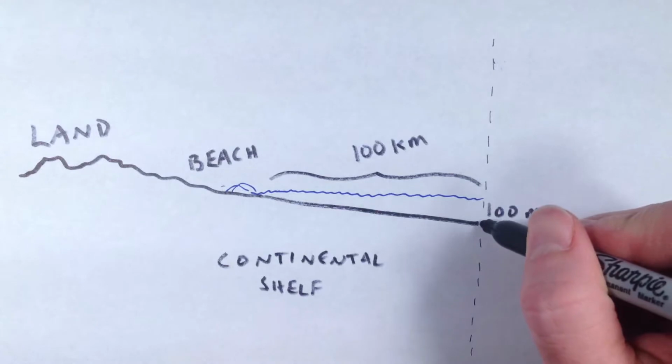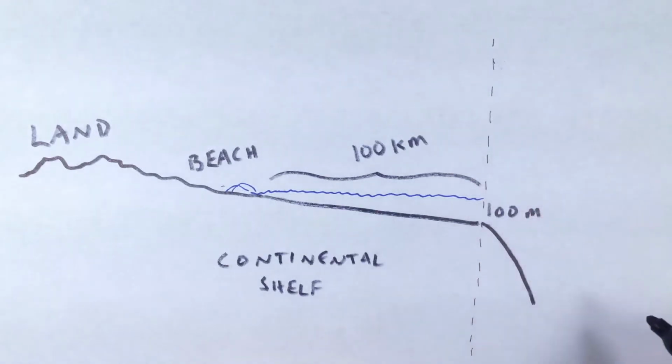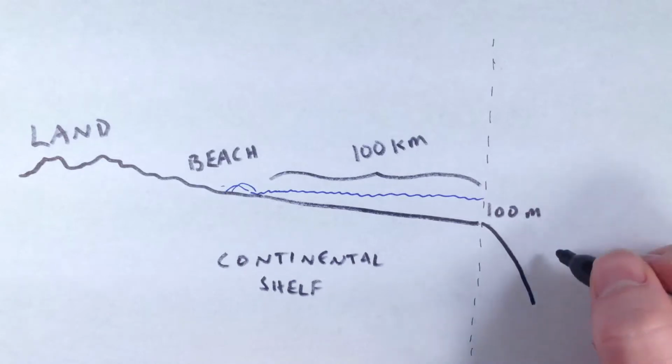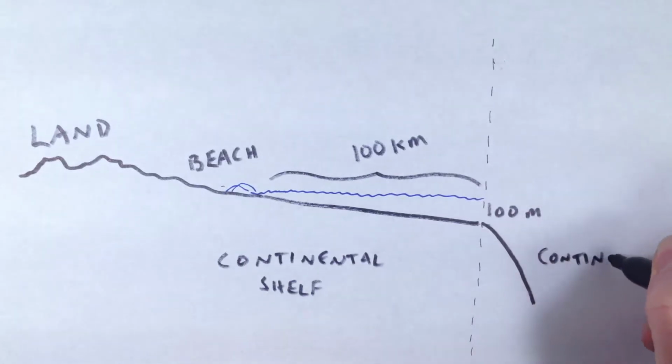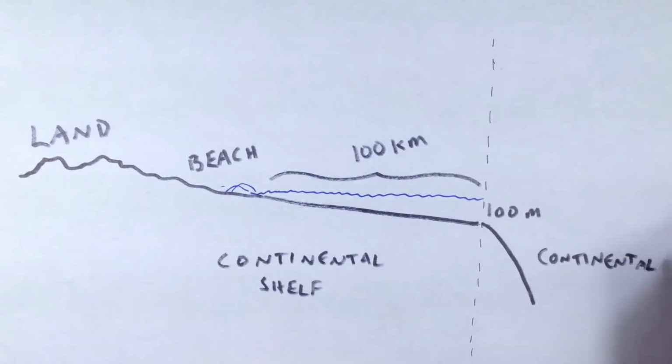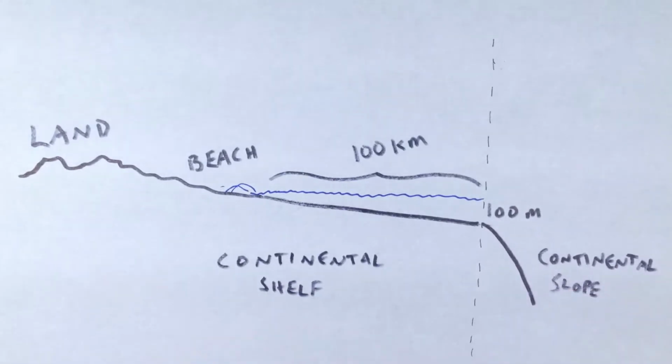So this is going to be a lot steeper. So this is the Continental Slope. Okay, so the Continental Slope is the true edge of the continent.